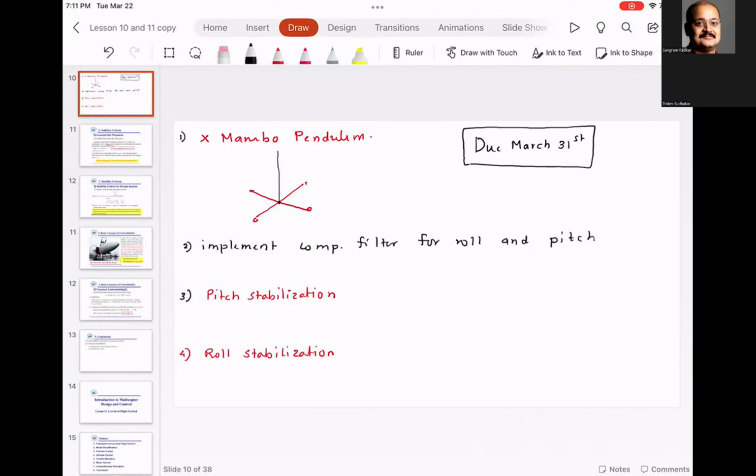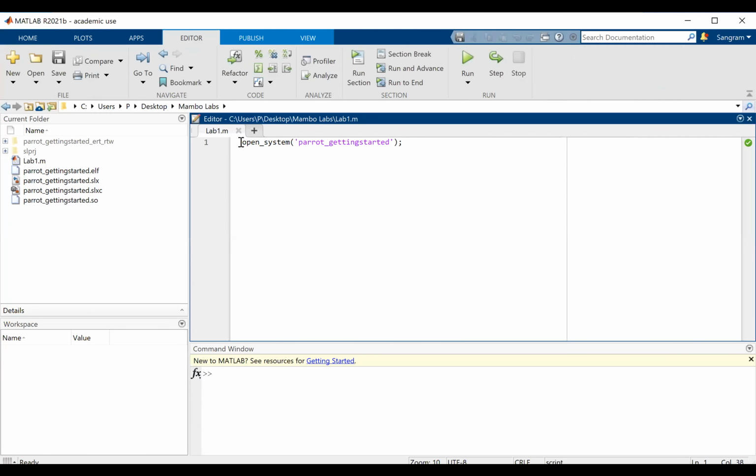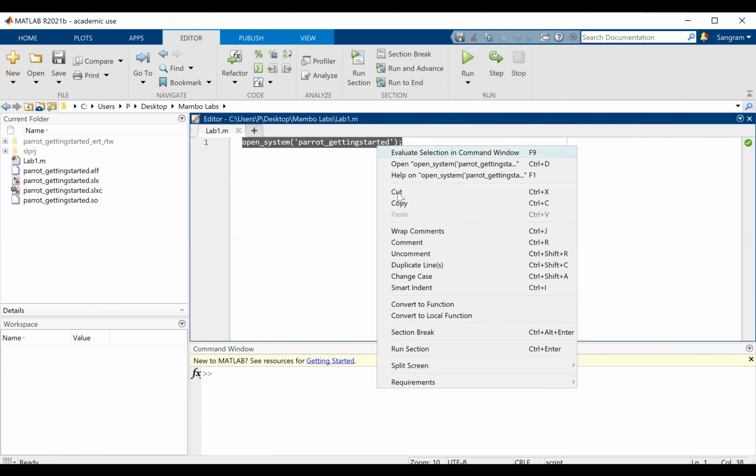I'm going to stop here and give you some hints about how to do it. Go to MATLAB and you can start this.